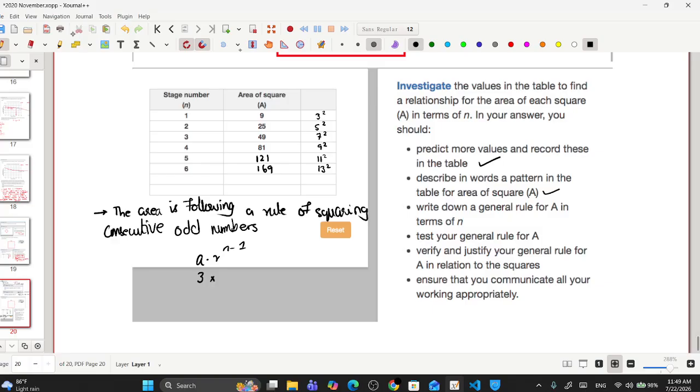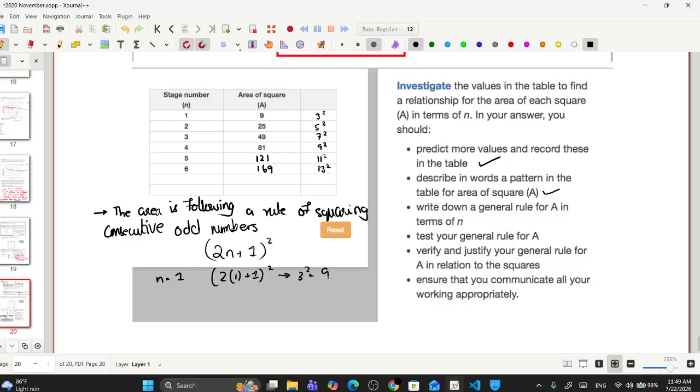Yeah, sorry. Let me repeat it. The equation is going to be given by 2n plus 1 whole square. Why is that so? If I consider the value of n as 1, that becomes 2 multiplied by 1 plus 1, which is 3 squared, which is going to be 9.